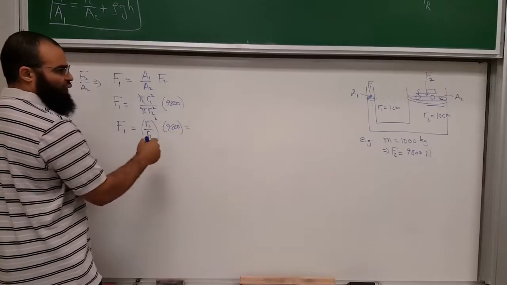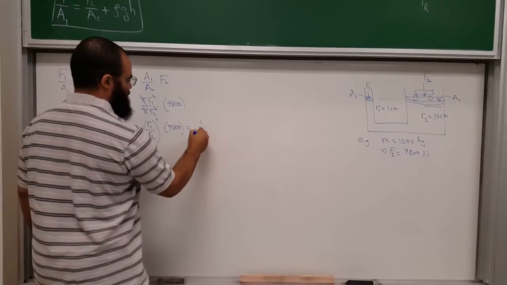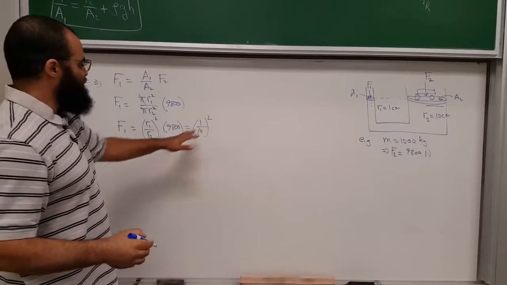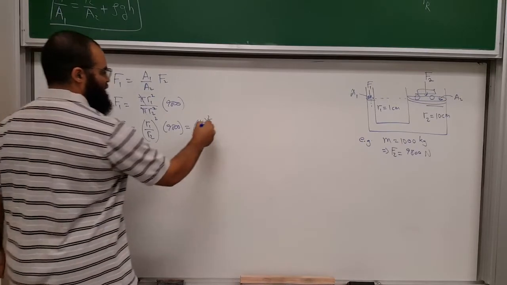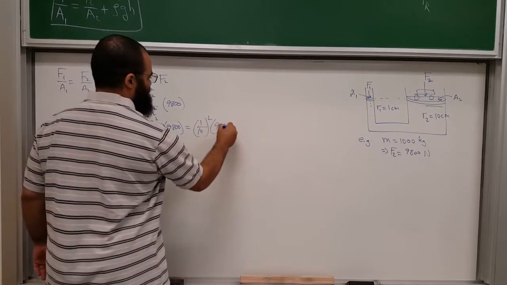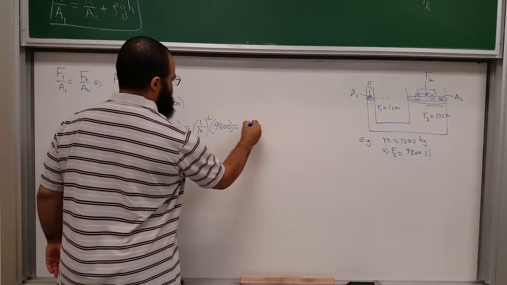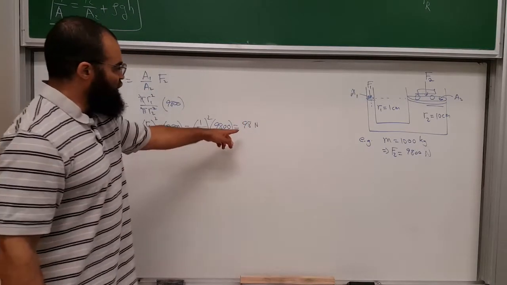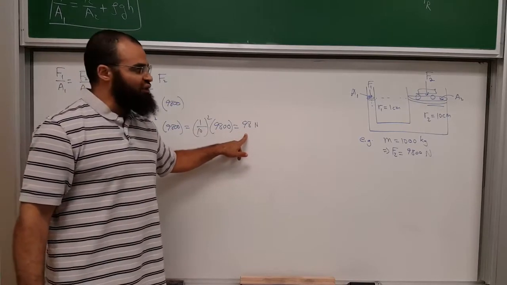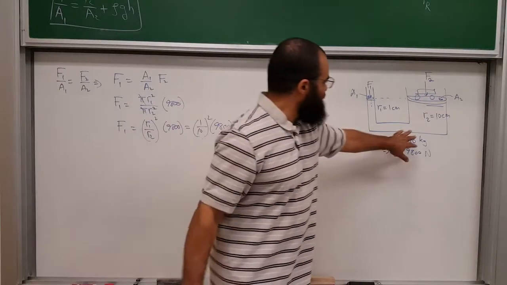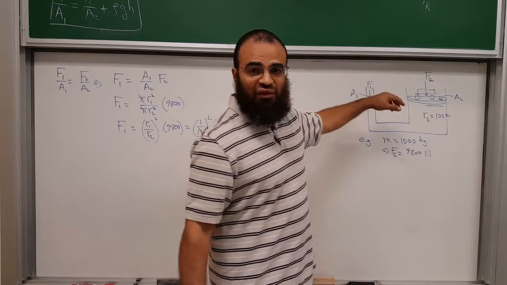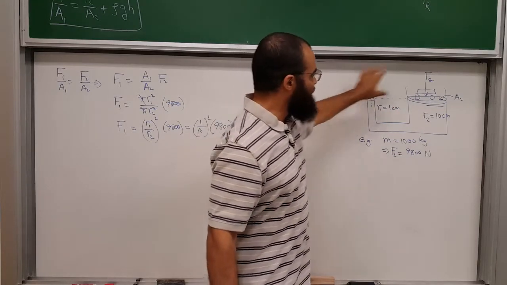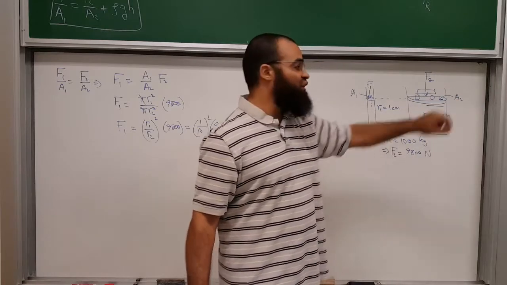R1 over R2 is 1 over 10, squared. I don't need to convert to meters because centimeter over centimeter cancels anyway. Times 9,800, this gives 98 newtons, which corresponds to about 10 kilograms. So to lift a 1,000 kilogram car, you need to put about 10 kilograms of weight here, about 22 pounds, to balance 2,200 pounds.